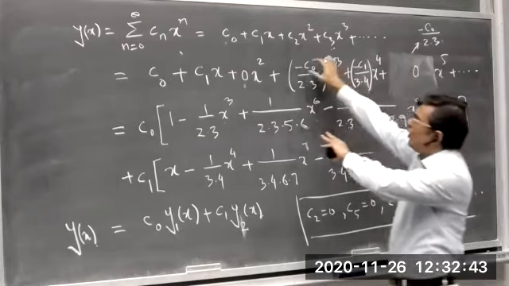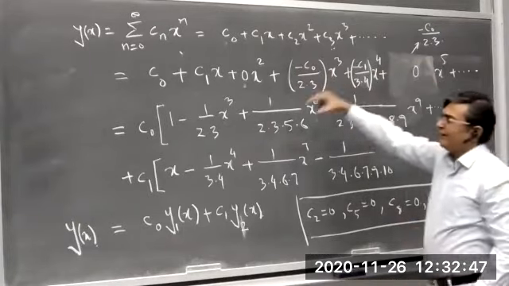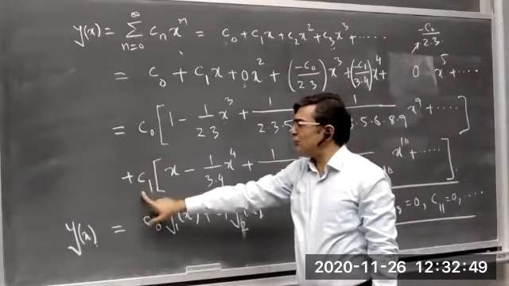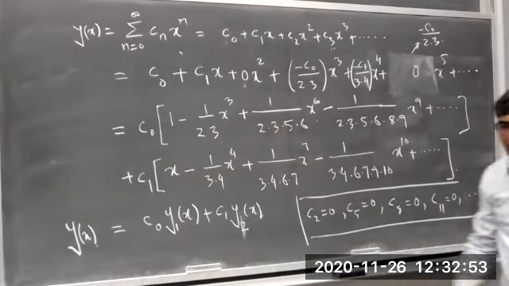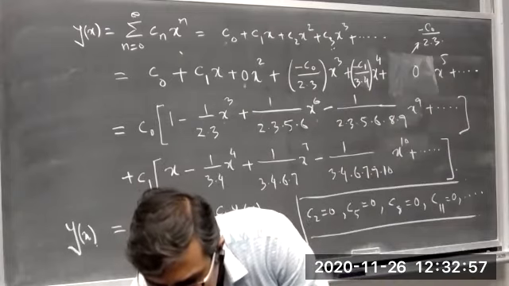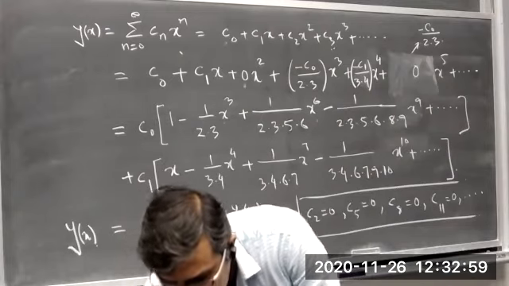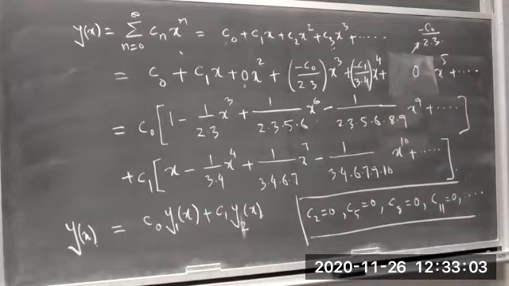Some of the terms will involve C0 and some of the terms will involve C1. After taking C0 common and C1 common we obtain two series. I think it's now correct. If you have any further question you can ask me, or any further correction. Is there any other correction in the solution?